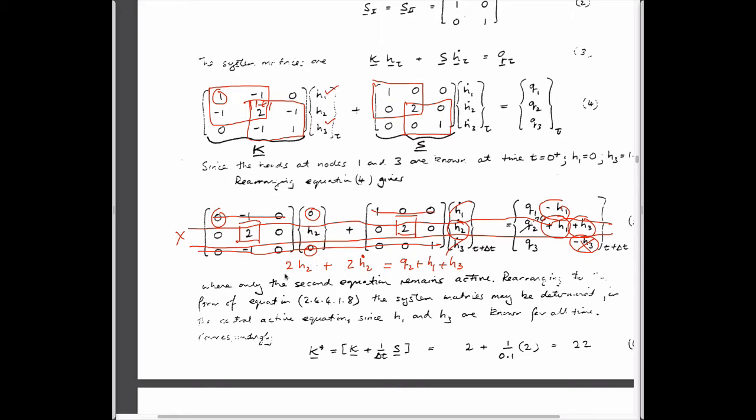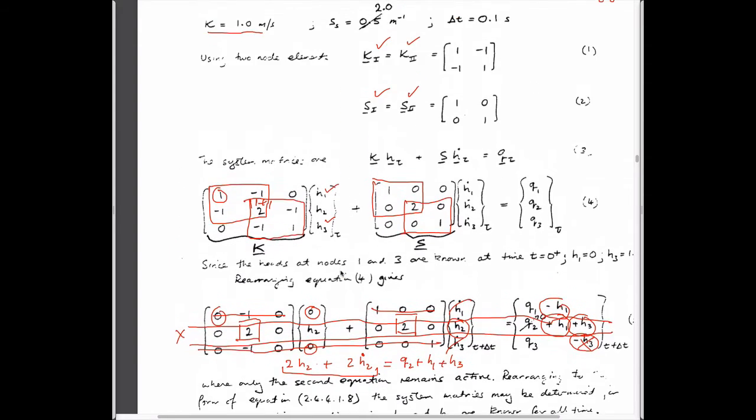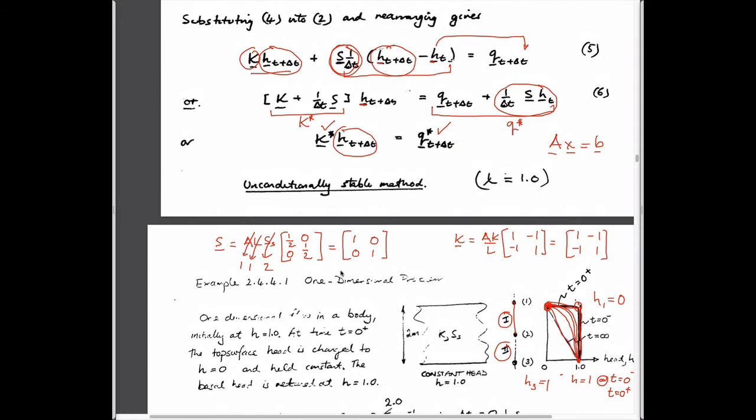So we're going to take these two together then and write them slightly differently. We have a value of k, we have a value of s, and so what we can do is make this k star matrix, what we call this. So the value of conductance plus 1 over the time step times the value of the storage matrix, and multiply it by this.